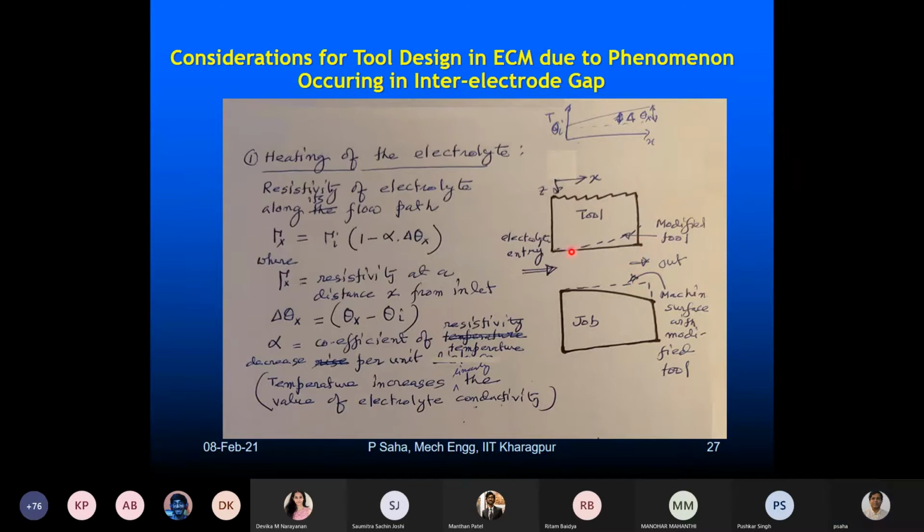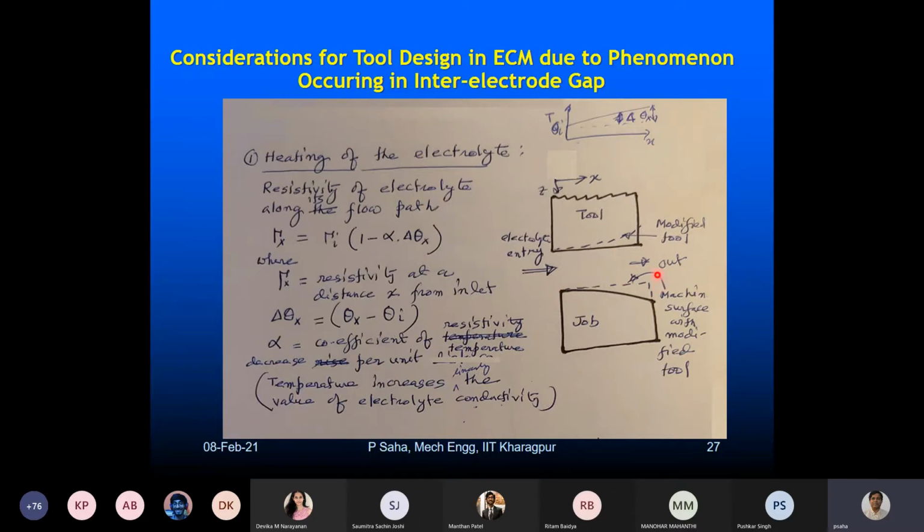So if this is my job profile, I cannot expect to maintain equidistance from the job; the horizontal nature of the machined job will not be there. It will be sloped like this. Although we expect a flat job from the complementary shape, I may not eventually get it.